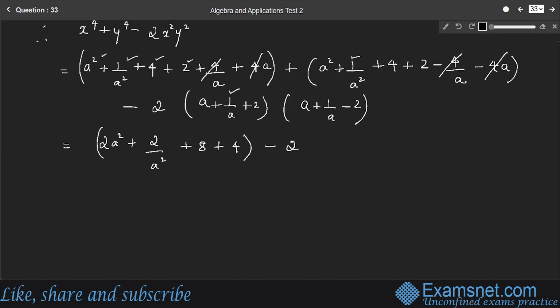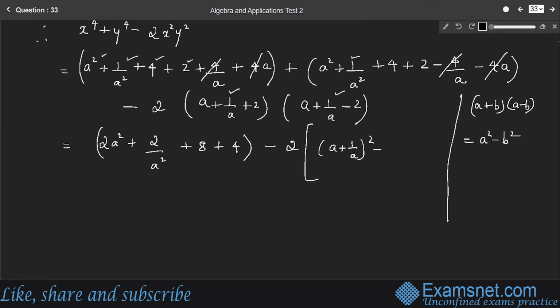In the next term, we have minus 2 into, and these two terms are in the form of (a + b) into (a − b), which is nothing but a square minus b square. Using this formula, here a is a plus 1 by a, so a square becomes (a + 1 by a) the whole square, minus b square, where b is 2, so 2 square.